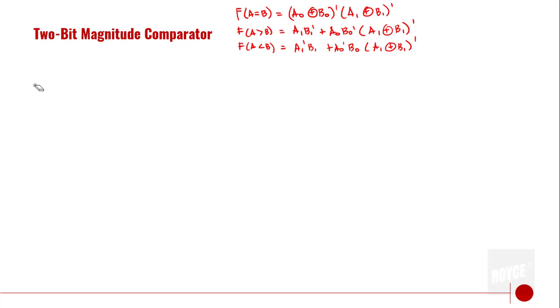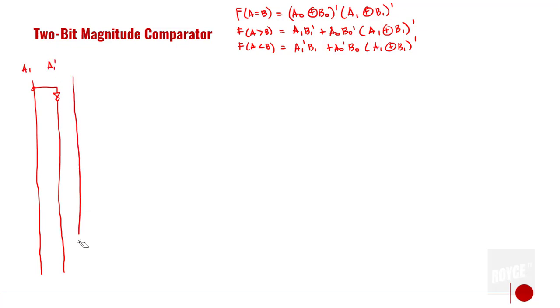So, let's make ayan. So, I'll label this A1 and then gagawa ko ng this would be A1 prime and then another one. So, pasensya na kayo kung bangi-bangi yung ano ko. And then another one.